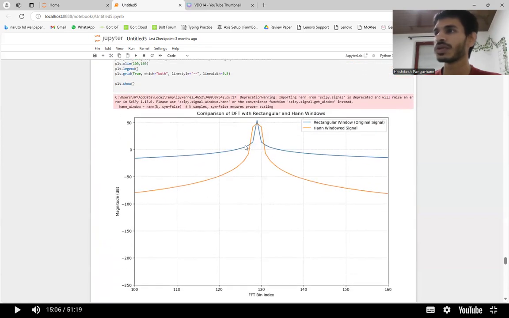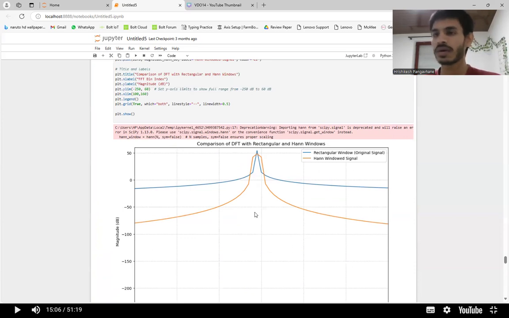So this was the situation when we had the FFT leakage and all the bins are being occupied by the coefficients. But in the case of the Hahn window, the FFT leakage is decreased by a significant amount. So this is what we were talking about, and this is the importance of getting a windowed sequence.